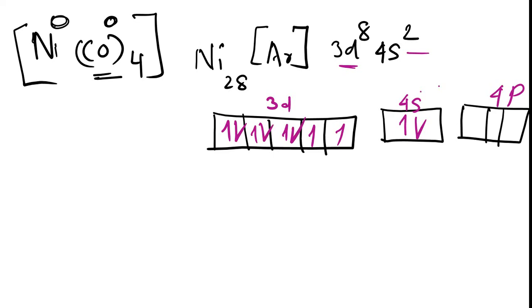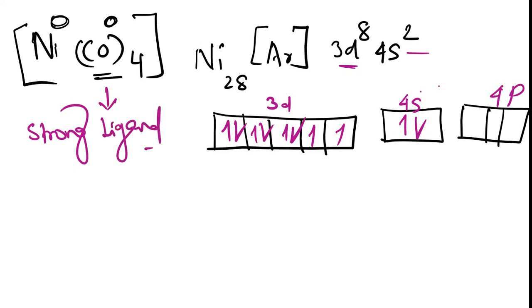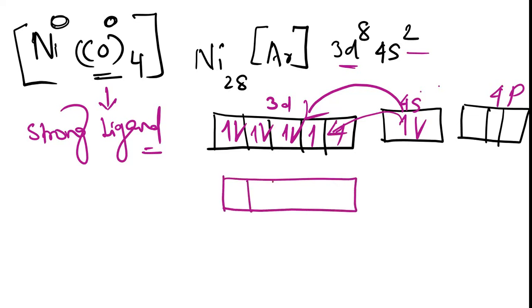Carbonyl group is a strong field ligand. Strong ligand means what does it do? It pushes an s electron to get paired in the d orbital. So the d orbital will be like this now: 1, 2, 3, 4, and here this is the s orbital and this is the p orbital.